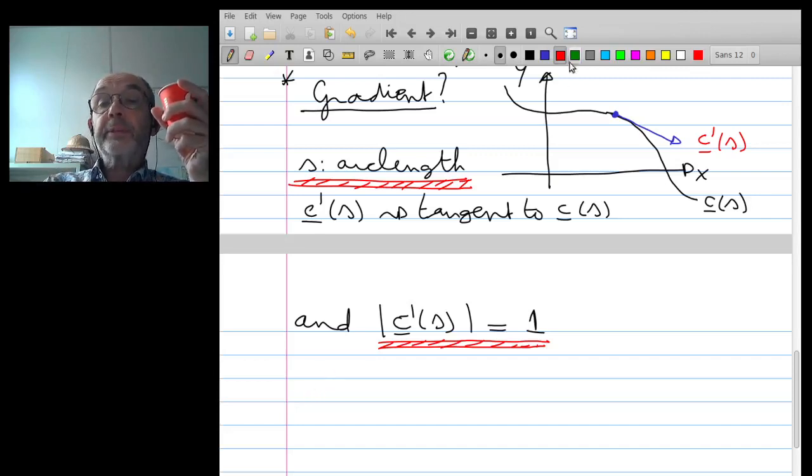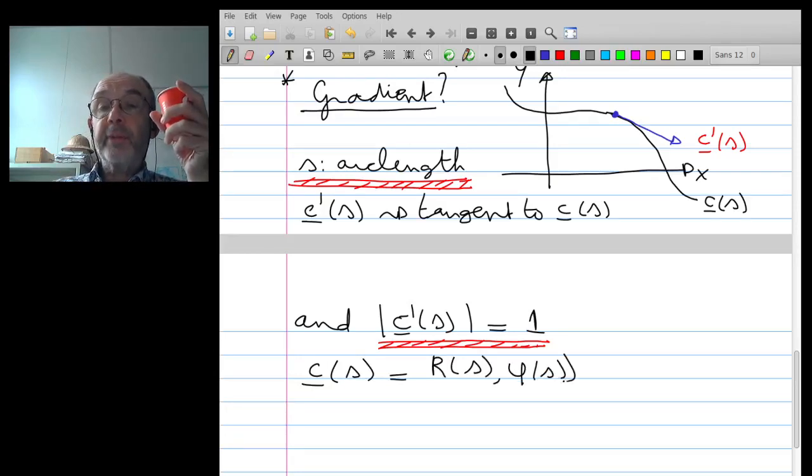That curve, if we use polar coordinates, we can parameterize the radius and we can parameterize the phi, and then I can ask myself about the directional derivative of f along c.